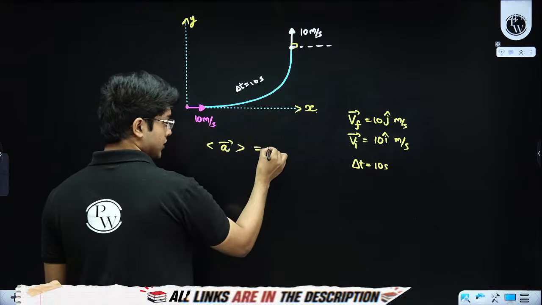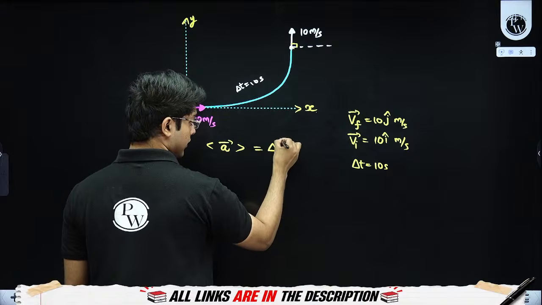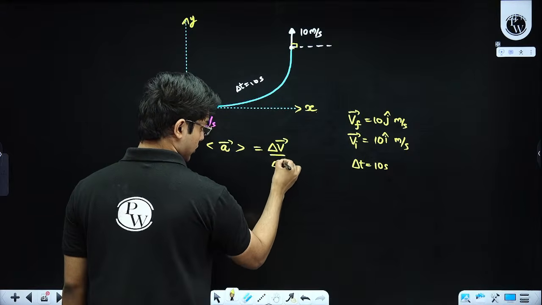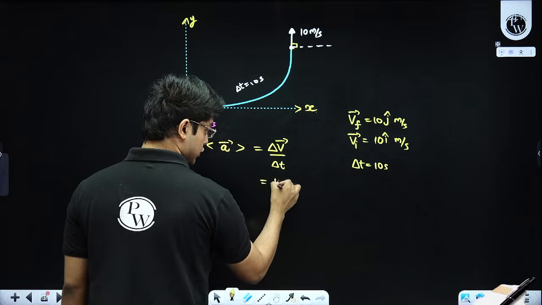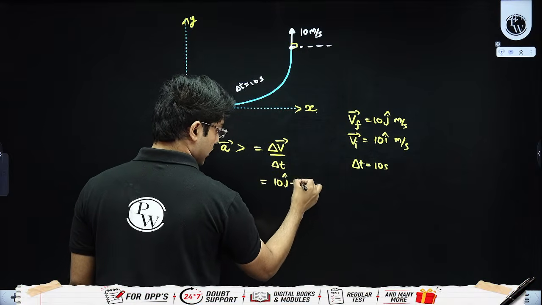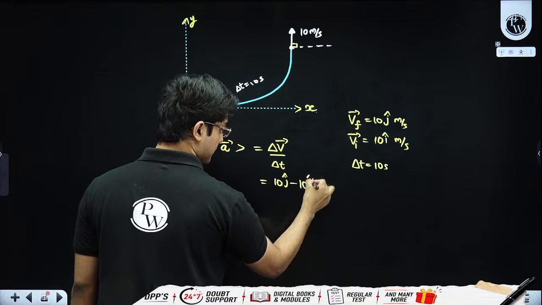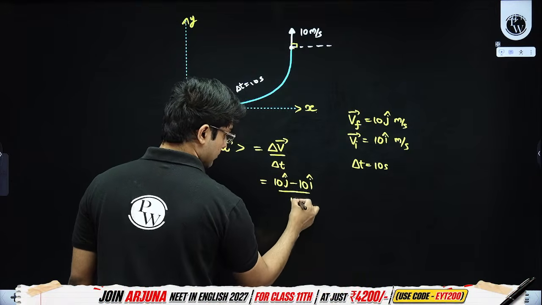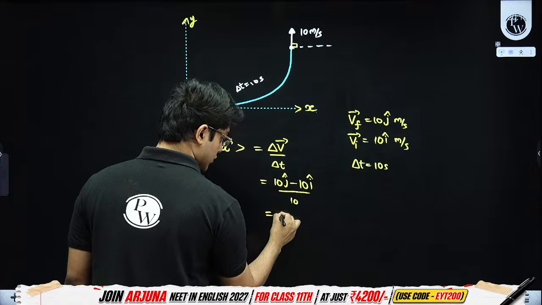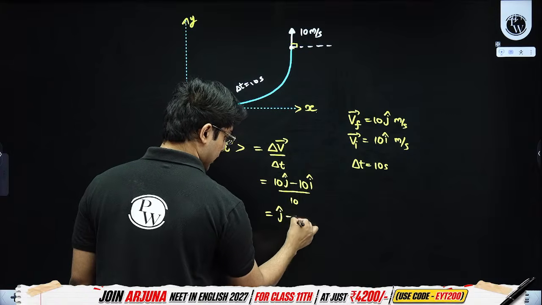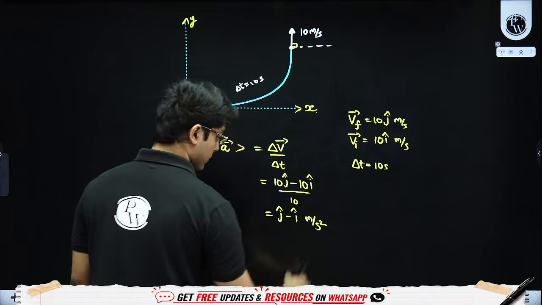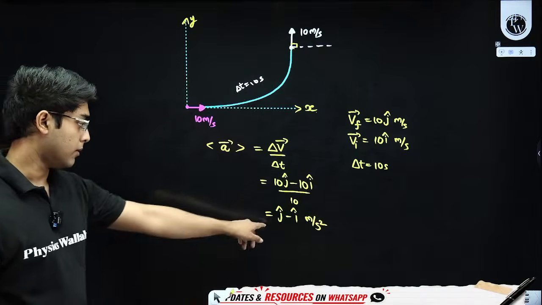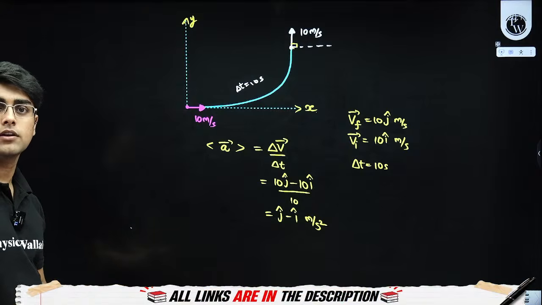Average acceleration is change in velocity vector divided by the time duration. So final velocity vector is 10j, initial velocity vector is 10i, divide that by the time. So this will be j cap minus i cap in meters per second square. Okay, 1 j cap minus 1 i cap, right?